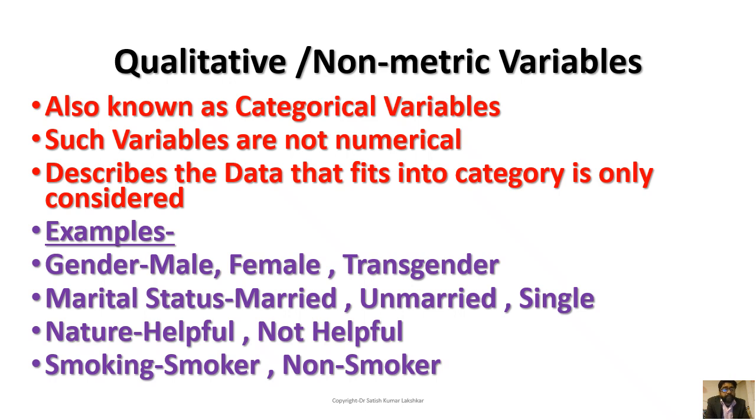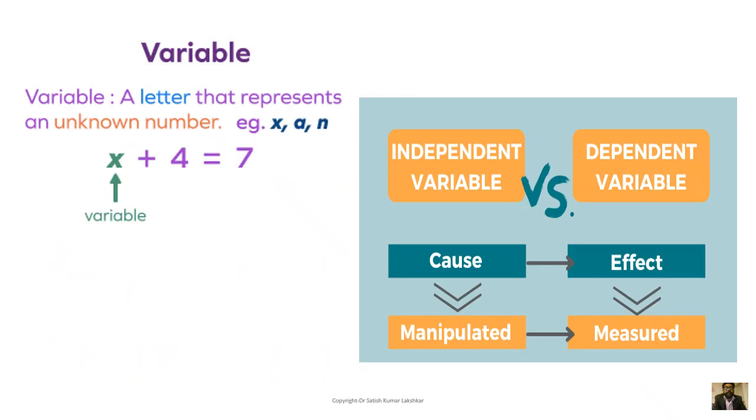Even if we talk about individual characteristics, like the personality or nature of someone, someone may be helpful, someone may not be helpful. These are the different categories of the variable, and we can't easily quantify them. We can understand them, we can define them, but we can't quantify them. That is the reason these types of variables are known as qualitative or non-metric variables.